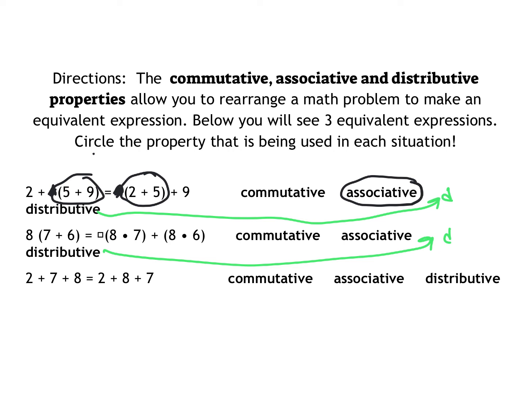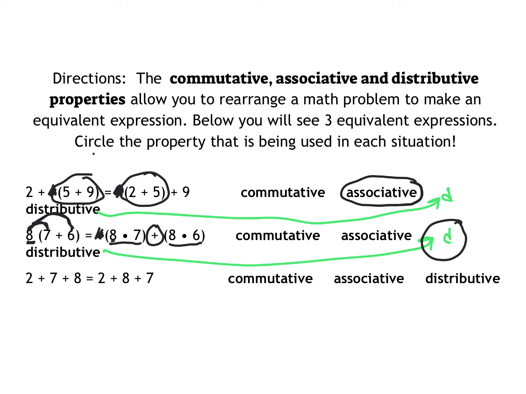The next property I see, again, ignore these boxes, is taking this 8 and multiplying it by the 7 plus 6 in 2 chunks. So we're taking the 8 times the 7 and the 8 times the 6. So I see 8 times 7 and 8 times 6 and adding those together. That, when I do this and I transfer it across the parentheses, is the distributive property.